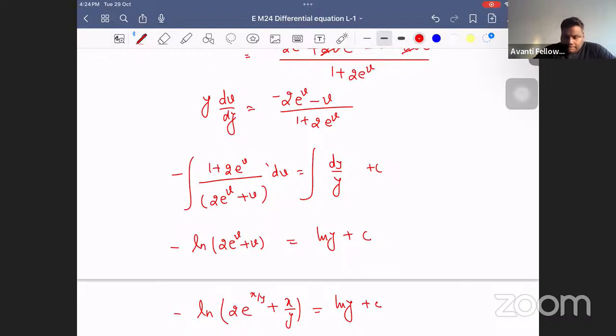Bishan? Bishan? Did you get this? Bishan, did you get this?